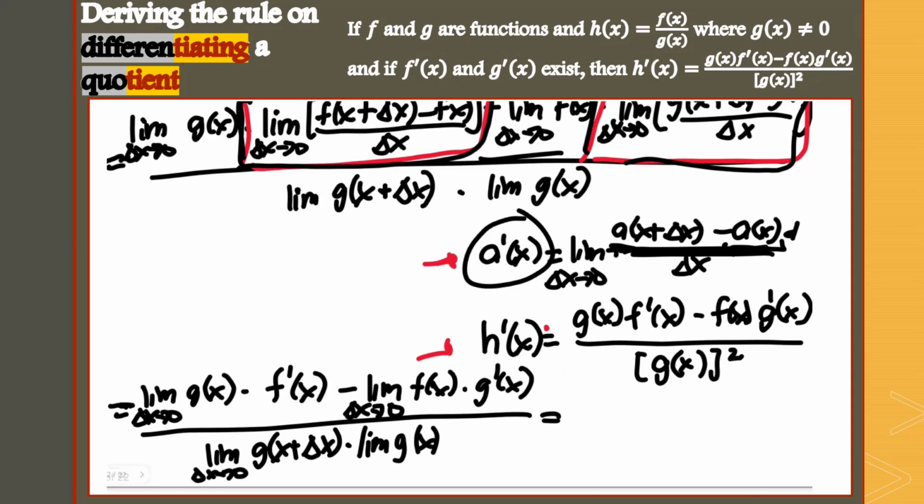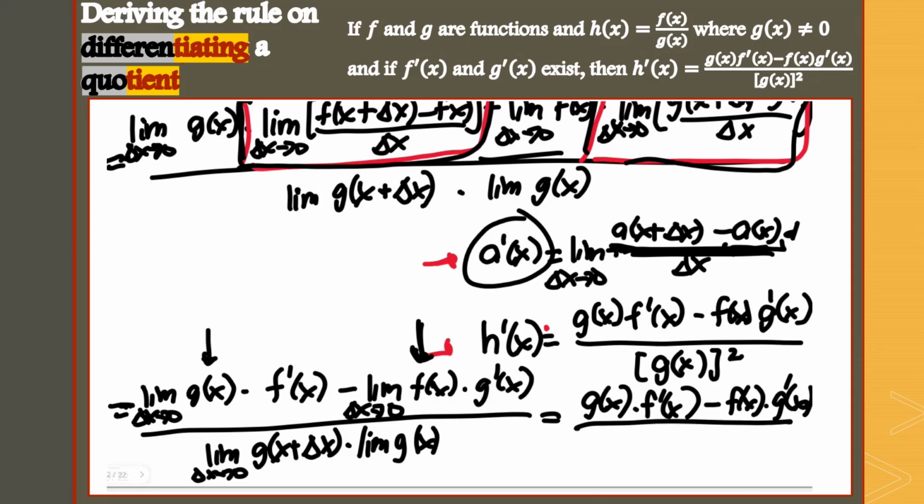I might need another space, but definitely I can talk about the next step here. Since we don't have delta x here, the limit of that is just g of x itself times f prime of x. Okay, minus the limit of f of x as delta x approaches 0. There's no delta x, so it's just f of x times g prime of x all over the limit of this as delta x approaches 0.